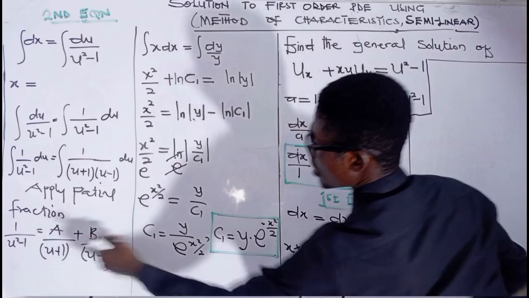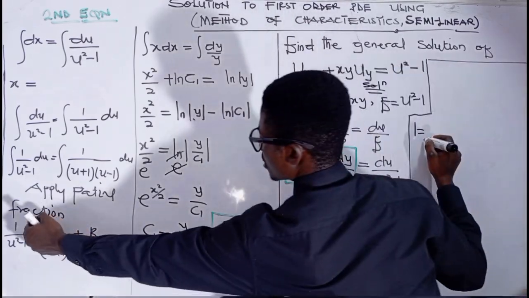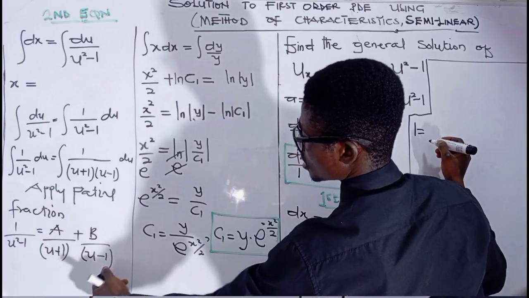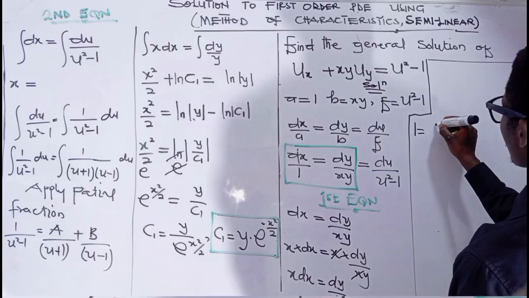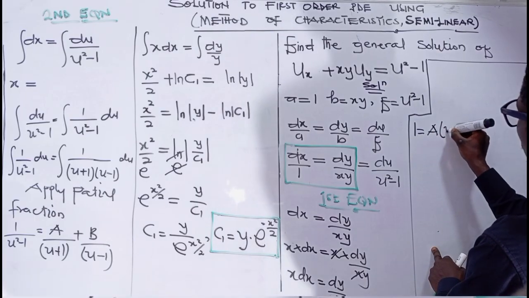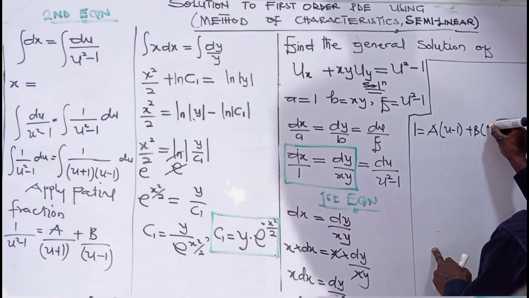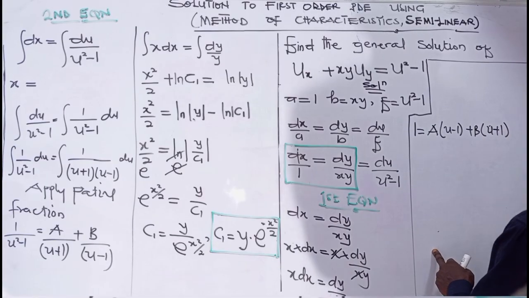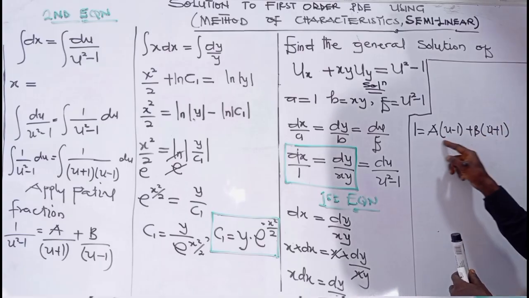So from here, we can say that this 1 is equal to a multiplying u minus 1, and then b multiplying u plus 1. So we have 1 is equal to a multiplying u minus 1 plus b multiplying u plus 1. So at this point, what we are going to do is to eliminate one of the terms, either this or that.